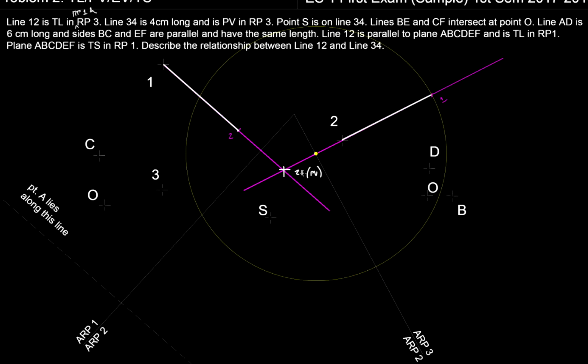Again, class, for this naming convention, when we name points or point views, the first number or letter to appear is always the one closest to the reference plane. For example, since point 2 is closer to this reference plane in both views, it should be called 2, 1 rather than 1, 2.